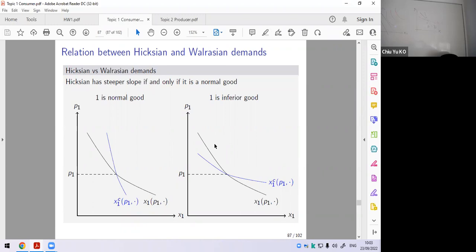Because when the price goes down, if it's inferior, you have more income, you would consume less. So that's why for every point, you just go to the left-hand side. Same the other way around. Is that okay?